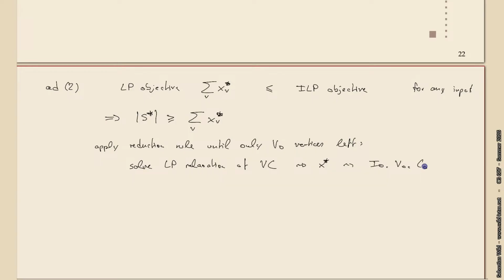You remove or delete all vertices in I0. Include in the solution all vertices from C0. And repeat this whole thing.